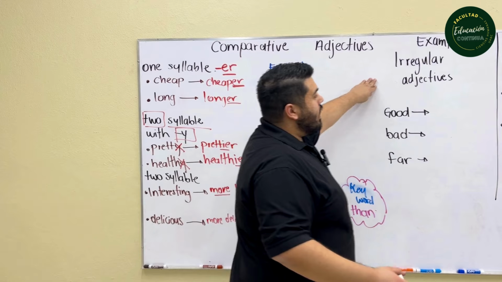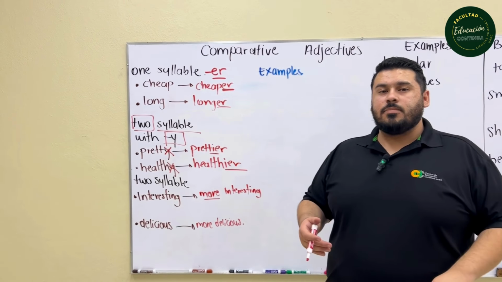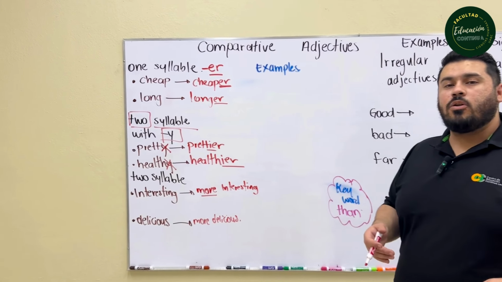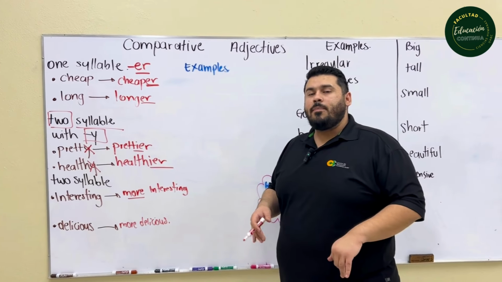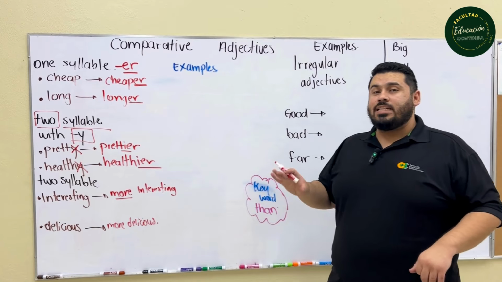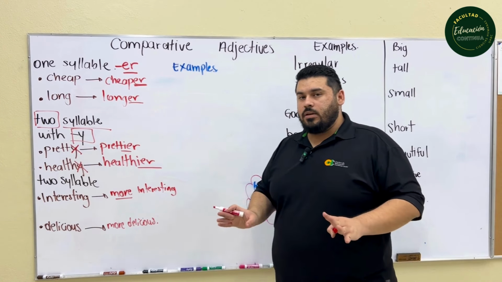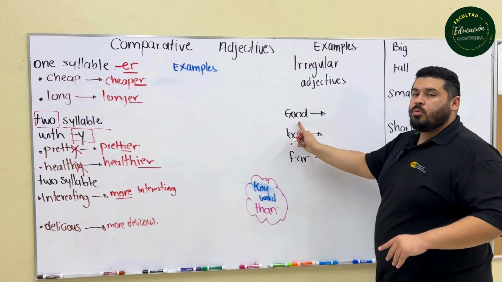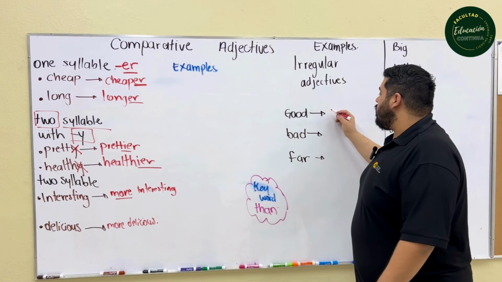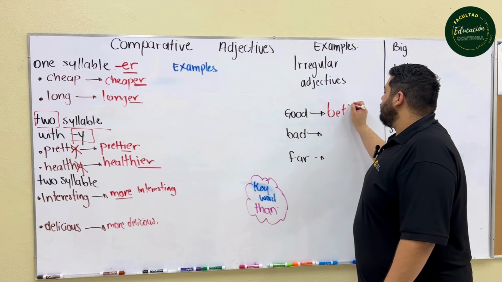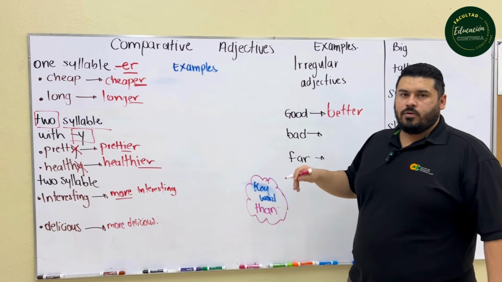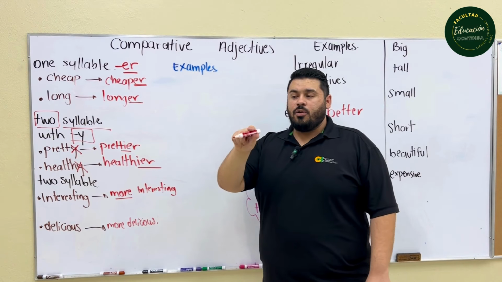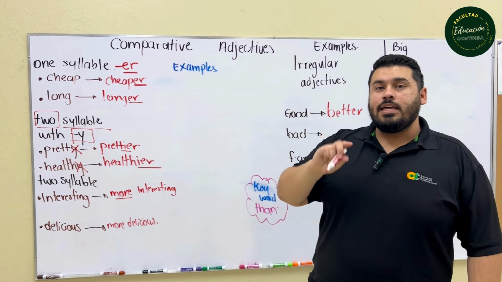Now, we have irregular adjectives. The irregular adjectives are words that change completely. For example, we have the word good. To compare good, we're going to use better. This marker, the Expo marker, is better than the magistral marker.